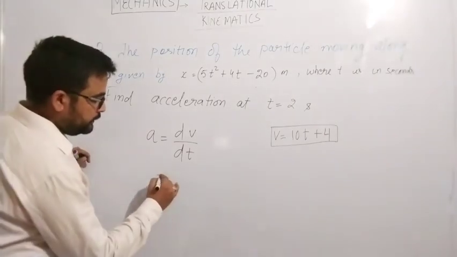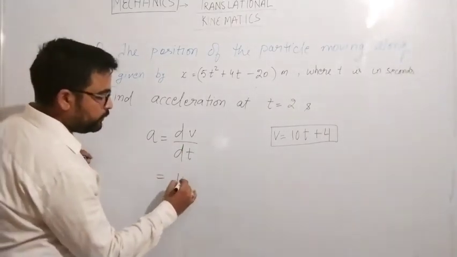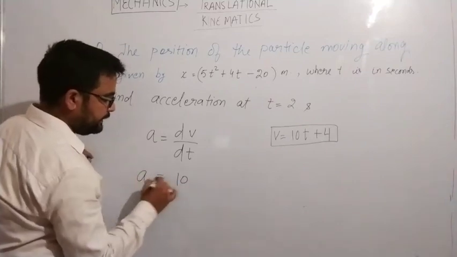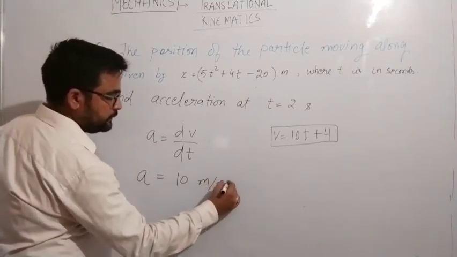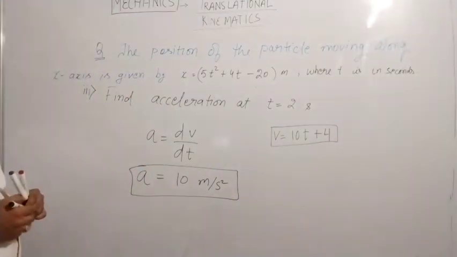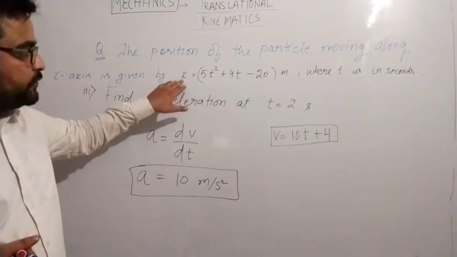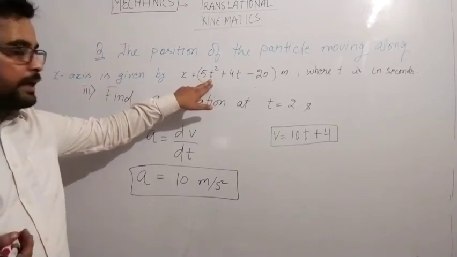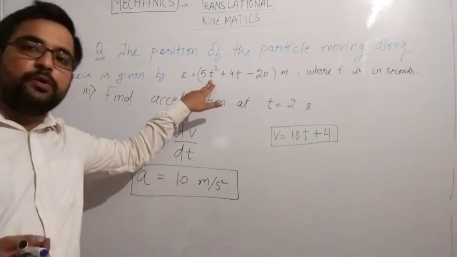So now you will differentiate this. So you will get what? 10 plus 0, that is 10. So acceleration is constant. So here one thing you can see, that when displacement is a parabolic function of time, square, right? So square is a parabolic function.